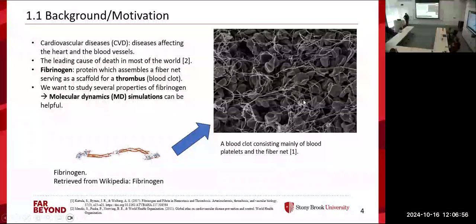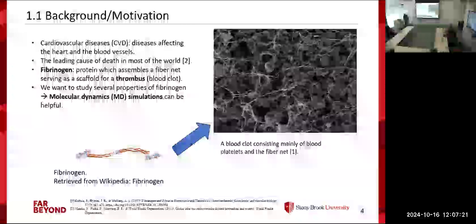Okay, a few things. Number one is cardiovascular diseases are the leading cause of death in most of the world nowadays. And that's probably a good enough reason to study them. And well, if we want to study cardiovascular diseases, we have to start from somewhere.